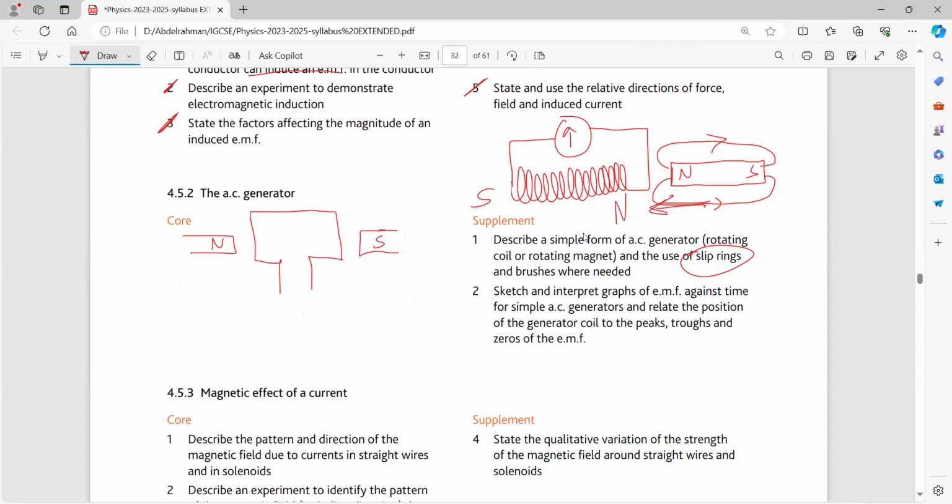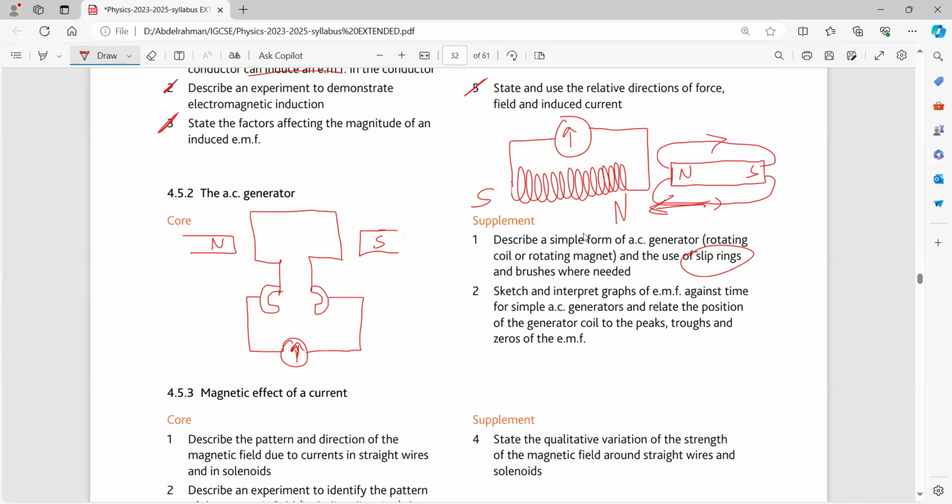This coil is attached to slip rings, which are connected to a galvanometer. Whenever you have slip rings, then you know that this is an AC generator.